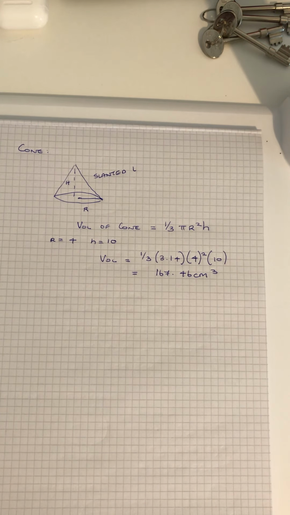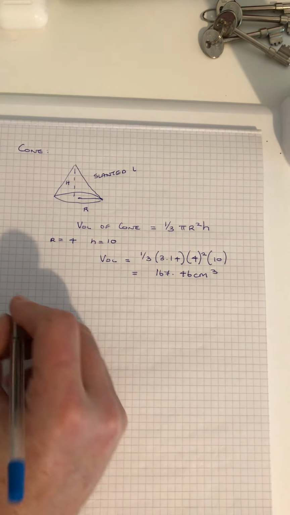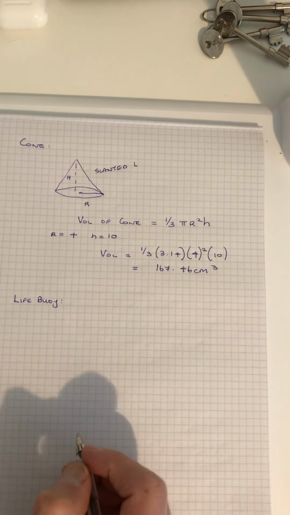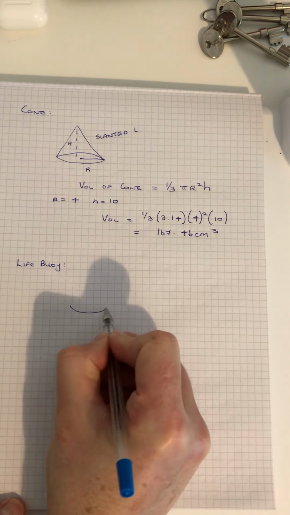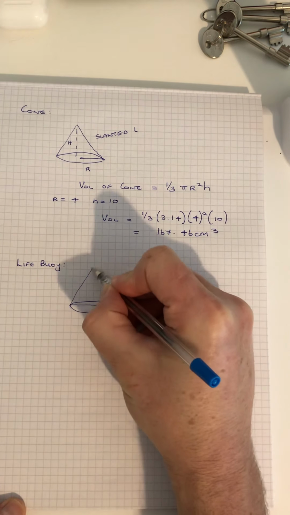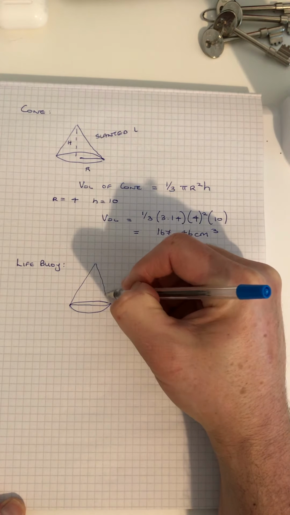But what happens if it has a shape that maybe has a cone and a sphere or something like that, okay? So it could be a combination shape, right? So that's where things kind of get maybe tricky for you, right? Or with measures, etc. So, if you had like a life buoy in the water, a life buoy would consist of like a hemisphere with a cone on top.